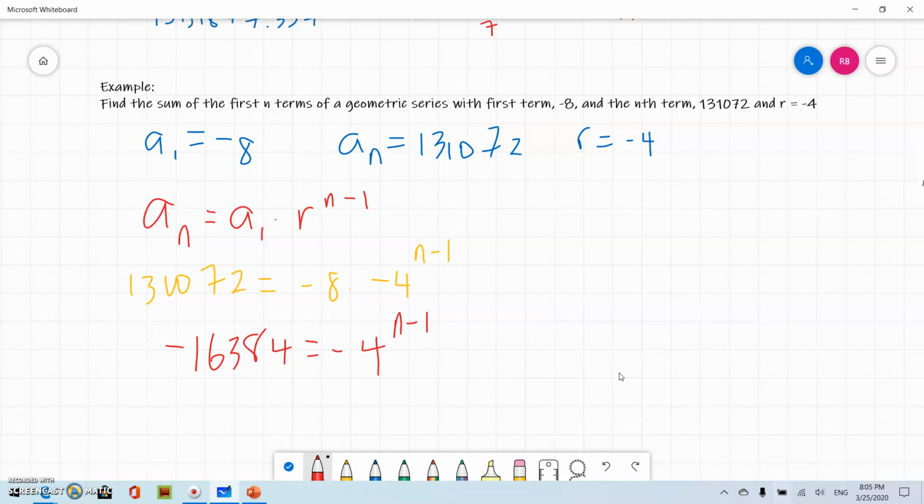We have to use log here to bring the power down because I don't know how many times you have to multiply by n. But we have a problem because they're both negative.